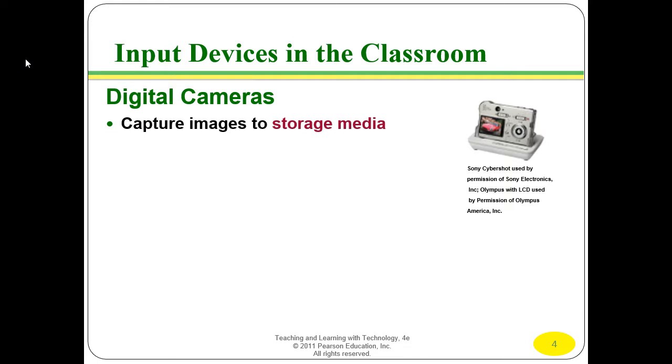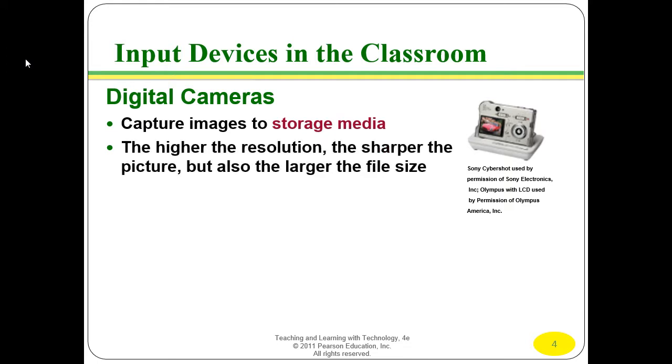And so the higher the resolution with that camera, they'll have so many megapixels that the camera has. The higher that number, the sharper the picture. Just like the scanner, the bigger the file size. And so if you're going to do any kind of conversions and things like that, it'll take some processing power.